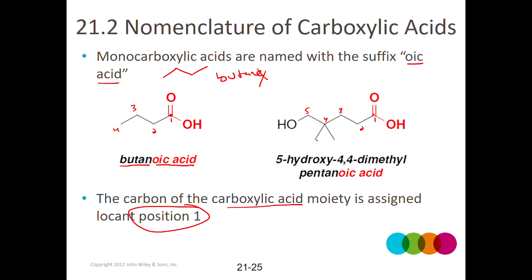And so that puts my two methyl groups on carbon 4 and this hydroxy group on carbon 5, so it'll be 5-hydroxy 4,4-dimethyl pentanoic acid, because there's 5 total carbons in the parent chain, which makes it pent, and the oic acid suffix indicating carbon 1 is a carboxylic acid. I don't need a 1 in here because it's implied. If there's no locant or number to tell me where the carboxylic acid group is, it's implied that it would be on carbon 1.